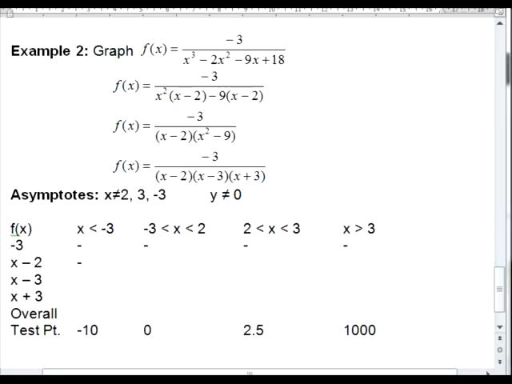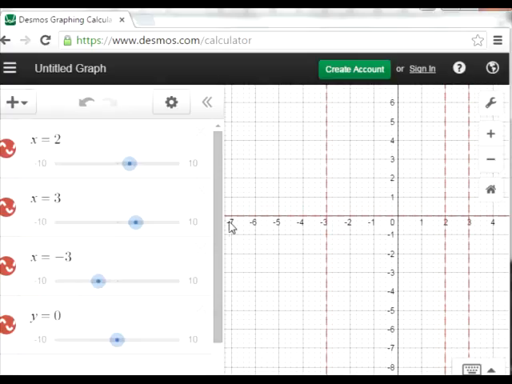Negative 10 minus 3 is going to be negative 13, which is a negative. And negative 10 plus 3 is going to be negative 7, which is going to be a negative. What that means is when I plug a value less than negative 3, this is negative, this is negative, this is negative, and this is negative. So that means I have 4 negatives, so the overall result is going to be positive. So when I draw this graph, it should look upwards like this.